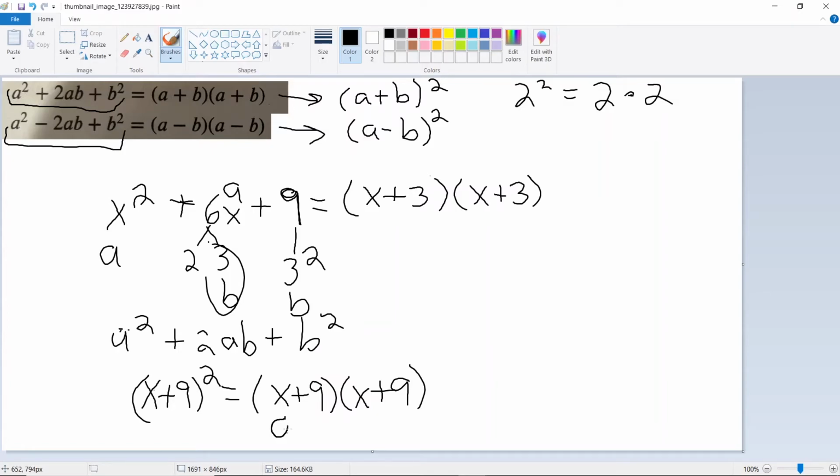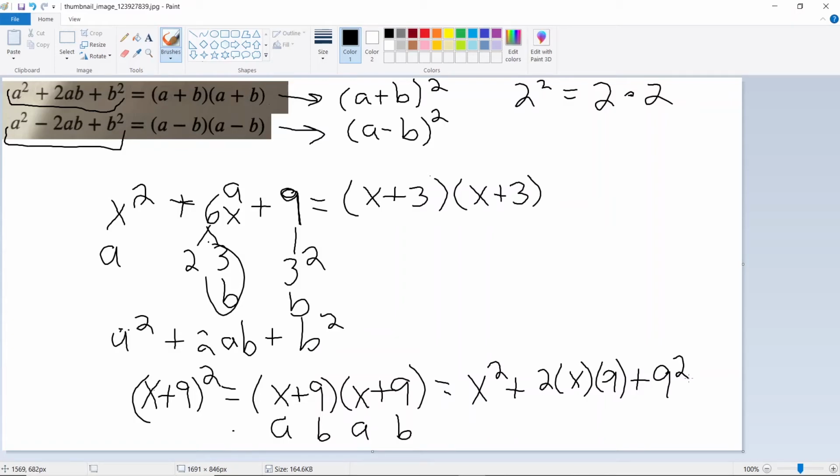And x is a and 9 is b, just so we can plug it into our pattern. So this is a squared, which will be x squared, plus 2 times x times 9 plus 9 squared.